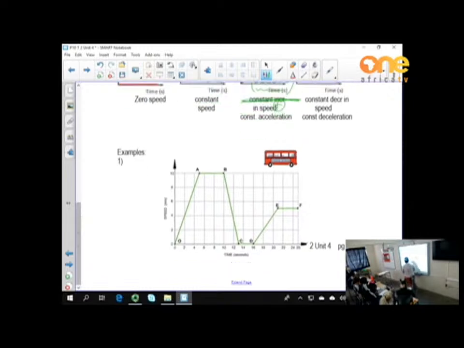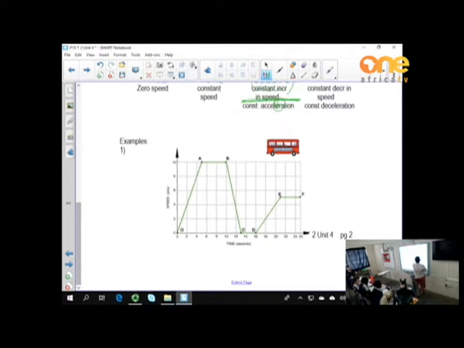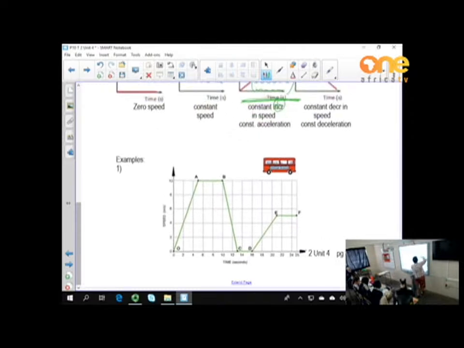The first thing you need to look at is that I have a graph, and the question says, discuss the motion of this car or bus. How do we do it?